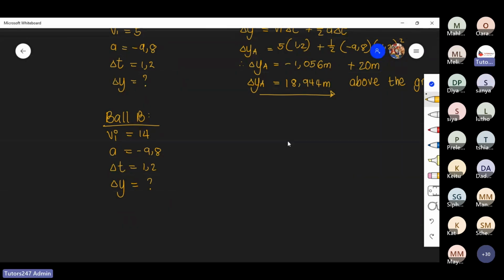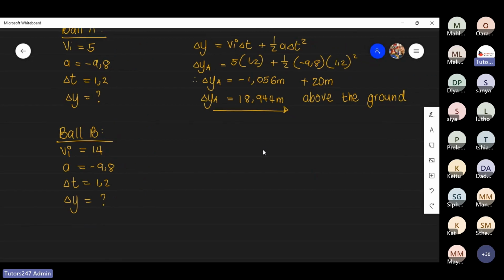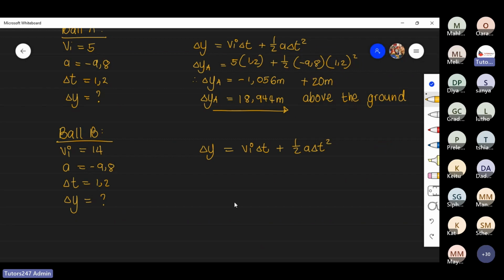Now, just as before, I'm basically going to do the exact same thing. So I'm not going to go through the whole process of which formula to use because I'm just copying what I did in ball A's scenario, because I'm just calculating height and I have the exact same known values. So I'm going to use the same formula. So delta y equals v initial delta t plus 1 over 2 a delta t squared.